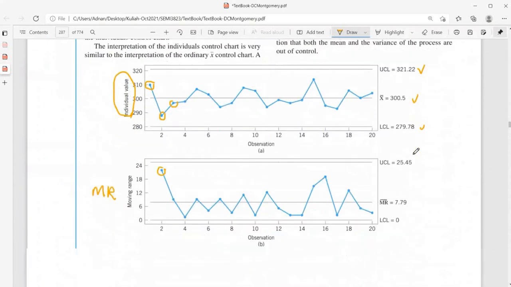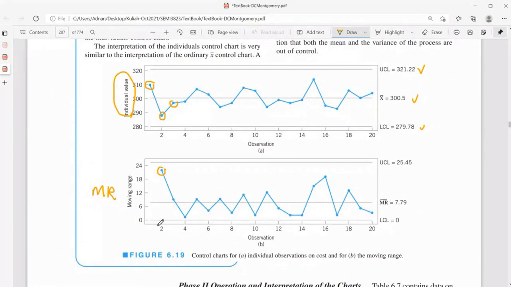You see here we start with number 2, because number 1 was not available, there is no earlier value. So we start with number 2, number 3, number 4, until 20. This is the moving range value. So in this chart we have the X and MR chart.